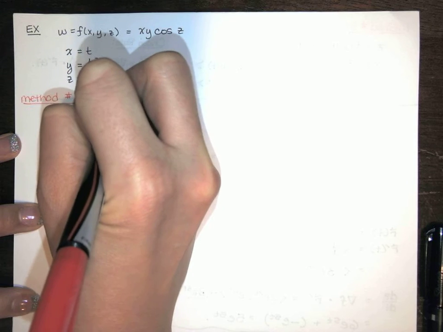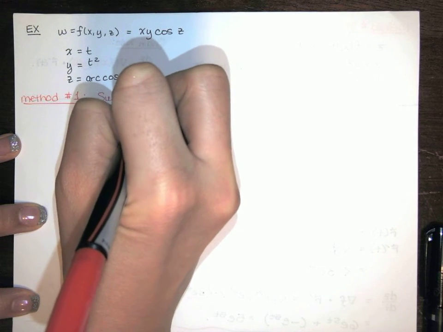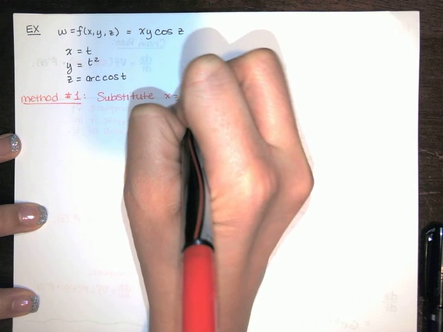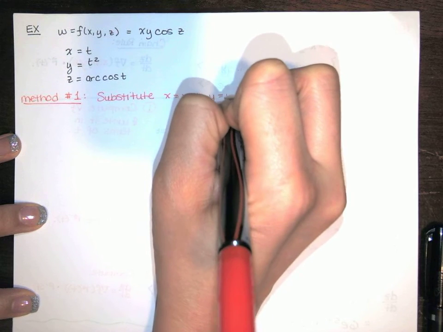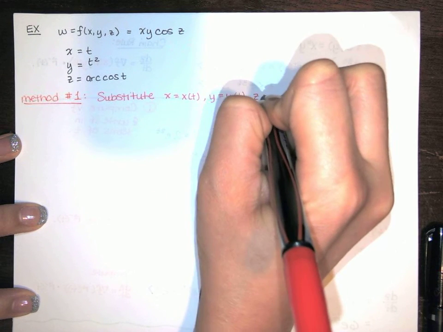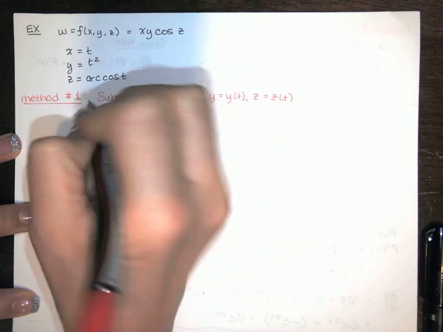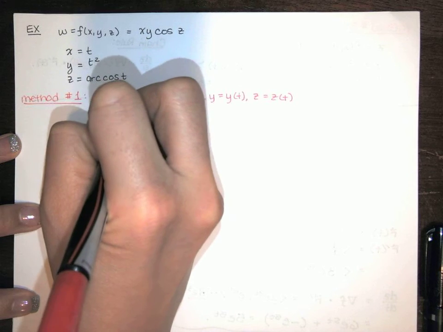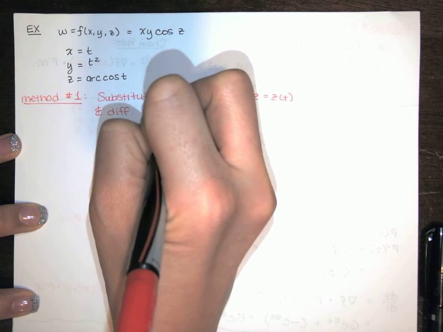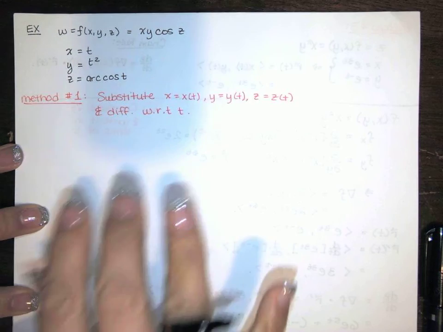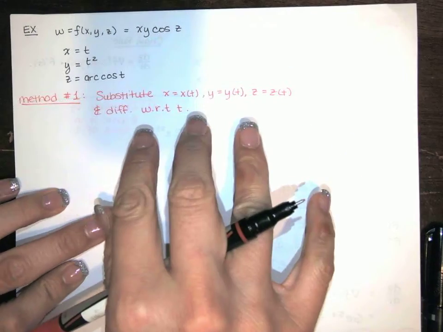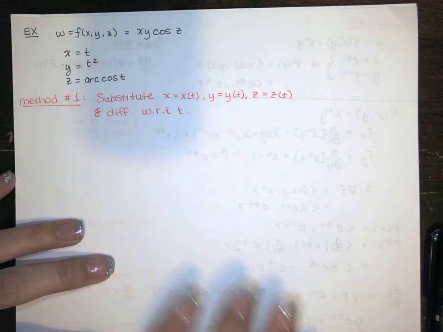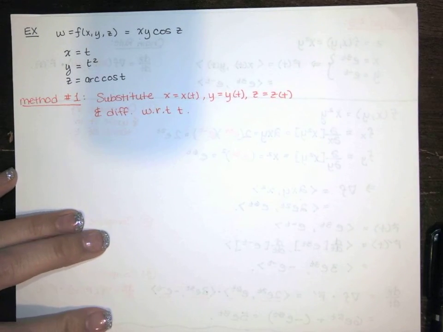So we're going to substitute x equals x of t, y equals y of t, and z equals z of t, and then differentiate w with respect to t. Now, if I ask you to use the chain rule in a quiz, this does not count as using the chain rule. This is just one way that we can check our work.